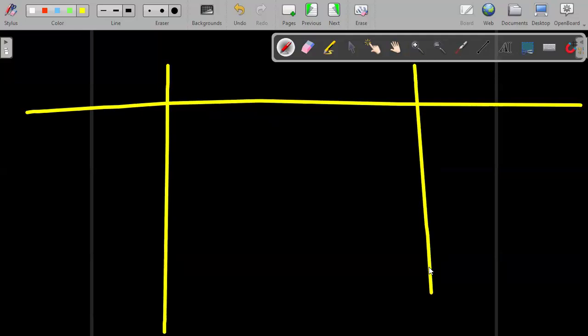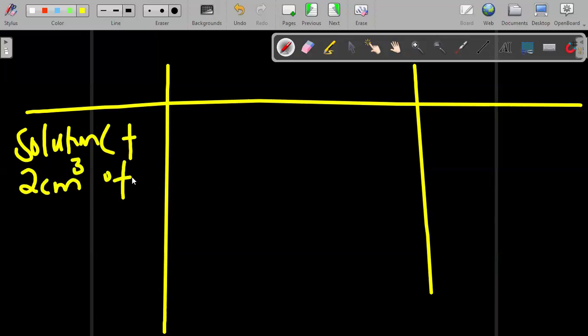So I will now say solution C plus 2 cm cube of iodine. You can see this time around we are not heating. Are you there? We are not heating.